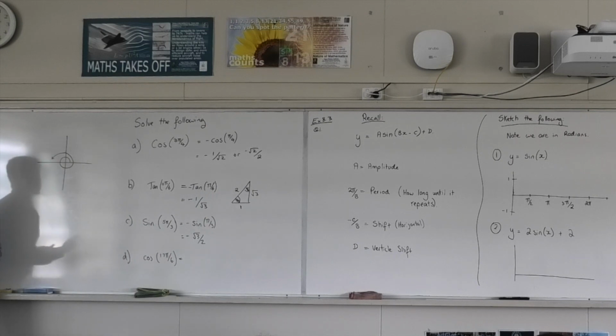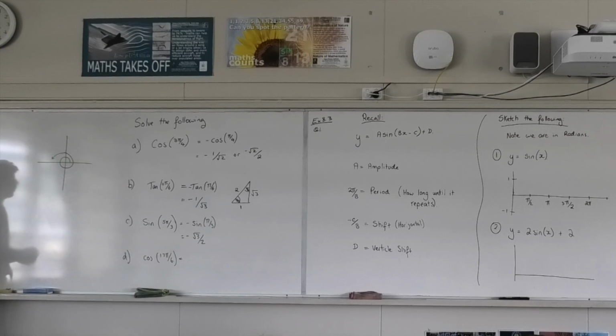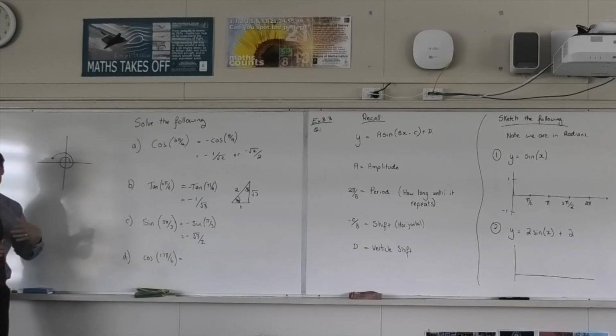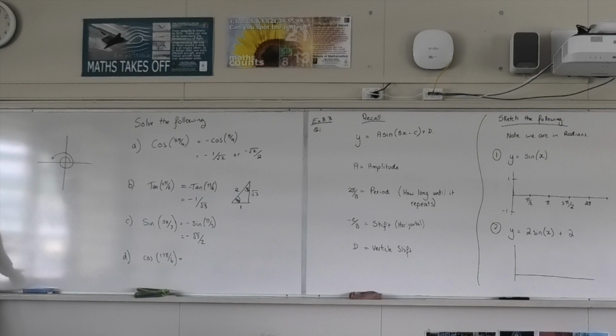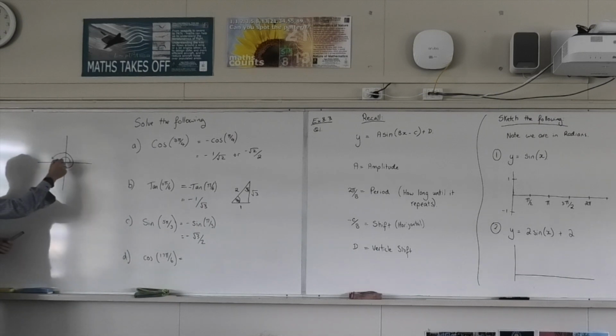Bigger than 2 pi, correct? Bigger than 3 pi? No, so it's going to be in the top half on the second rotation. Is it going to be the first quadrant or the second quadrant? Is it closer to 3 pi or to 2 pi? 3 pi, correct? So I already know it's going to be out here somewhere.